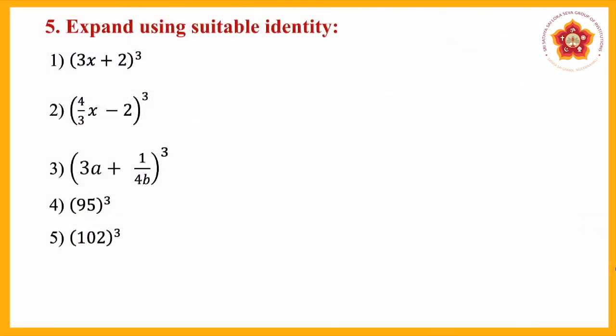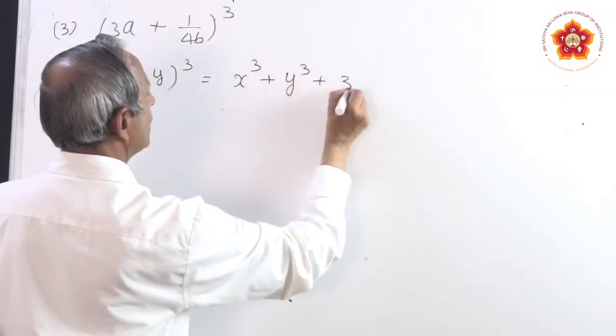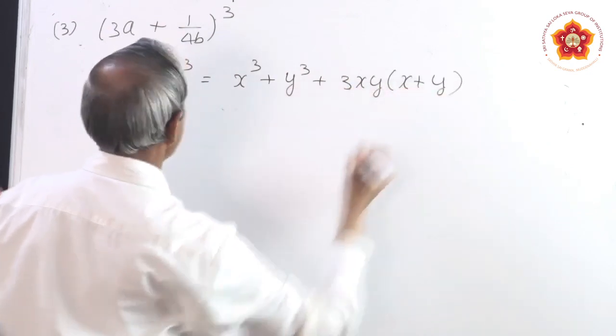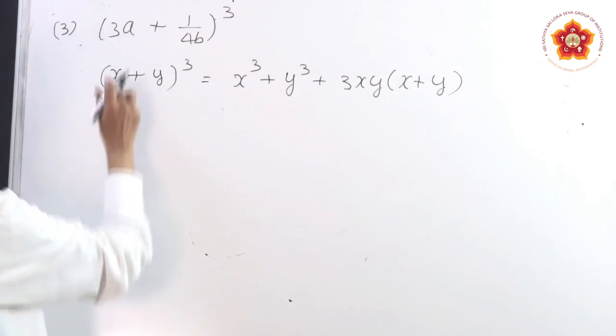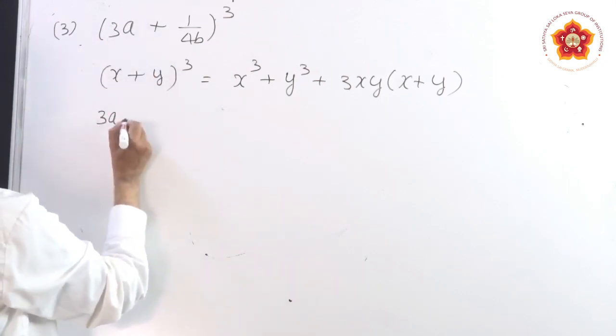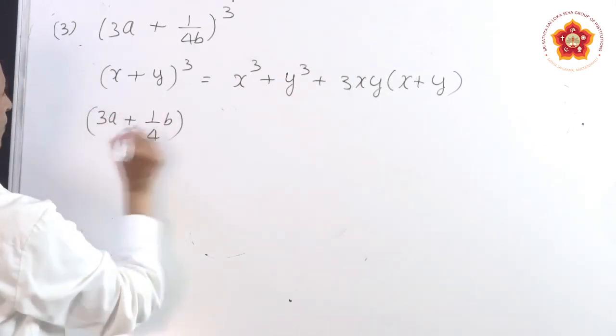Let's move to the third problem now. The formula I will write first: x plus y whole cube is equal to x cube plus y cube plus 3xy into x plus y. Now in the formula, instead of x, 3a is given, write 3a here. Instead of y, 1 by 4 b whole cube is there.